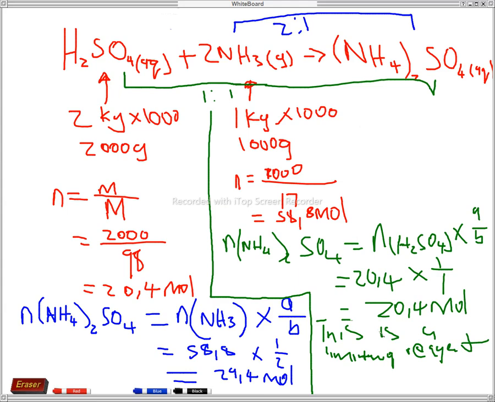And then from here, since they were asking for the maximum mass, in order for you to get the mass, you will take this limiting reagent. For the mass, let me use black.